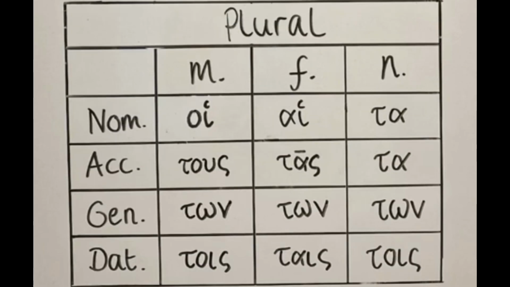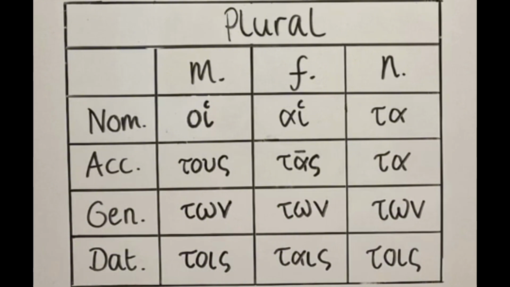And then in the genitive plural, it's even more straightforward because every genitive plural form of the definite article, that is, the masculine, feminine, and neuter genitive plural forms of the definite article, are tōn. So if you see the form of the definite article tōn being used, you know that it is genitive plural. However, you would have to see which noun it is going with to know its gender.